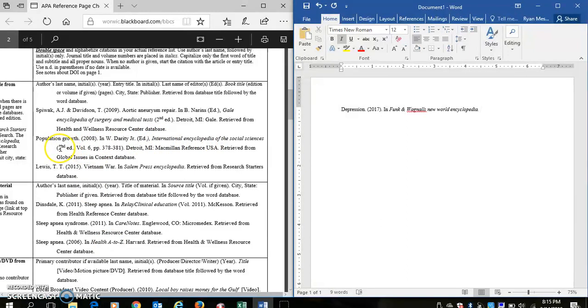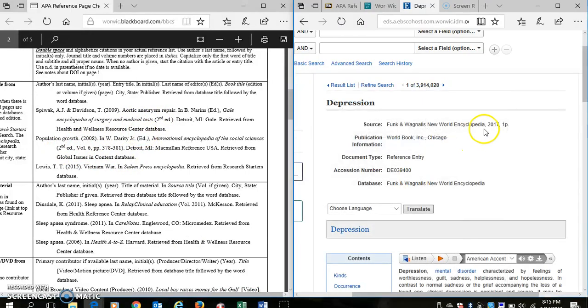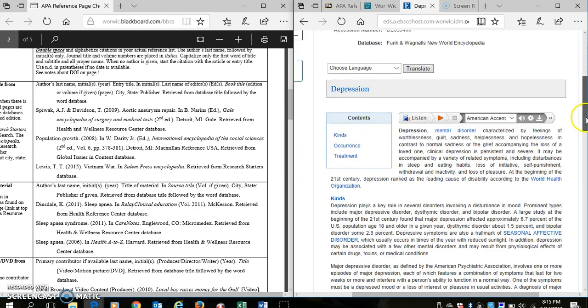Right? And if we take a look at what information is supposed to be next, if we have any information about the edition, we put that there. There's a volume, a page number, so we can only go with what we have available to us, right? And we don't have anything listed here about what edition it is, okay? So usually if it was like the 10th edition or something like that, there would be some information up here that would state it.